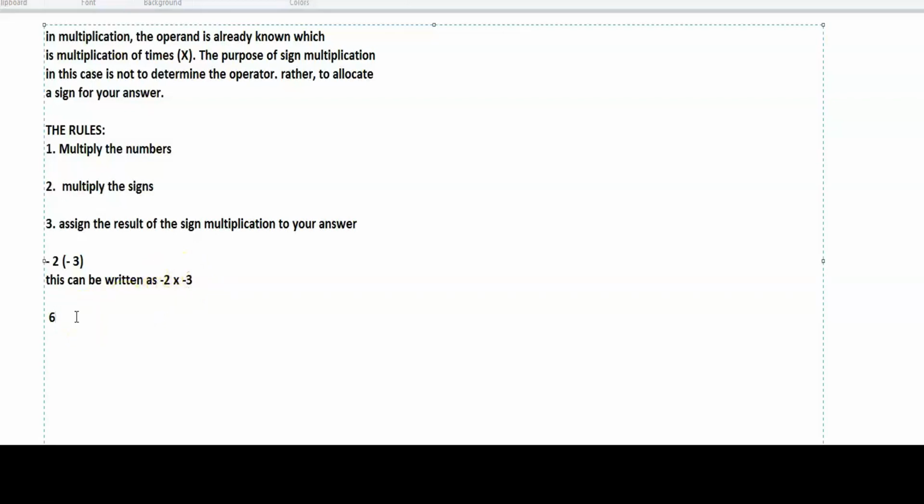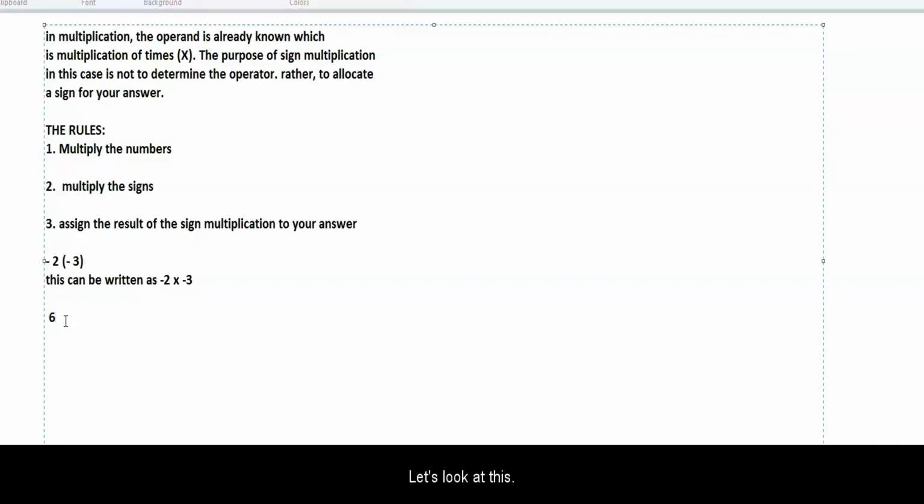It gives you a plus. So our answer is going to be 6, or plus 6.